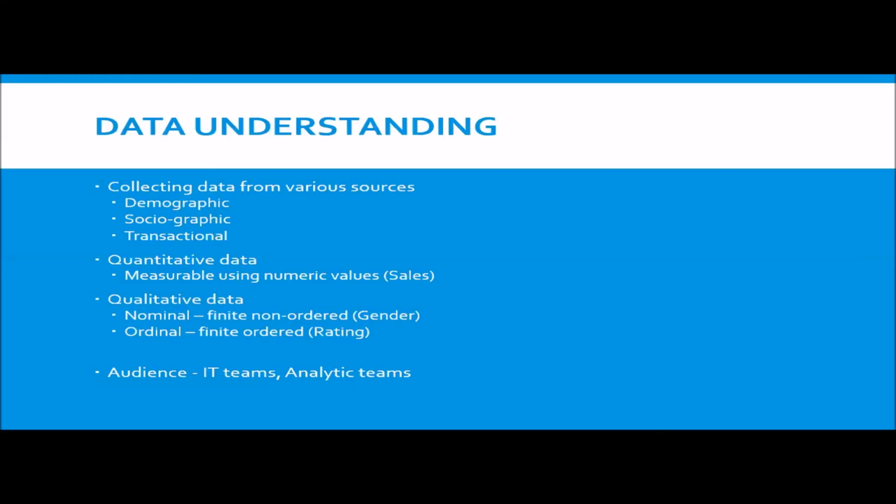So if Amazon is doing an analysis of what type of stuff I might want to buy, they're going to be looking at what has been my purchasing history in the past, and then, okay, what kind of demographic information do they have about me that might indicate the type of things that I'm interested in, and then also they'd probably be suggesting stuff based on other users' behavior that might match up with mine.